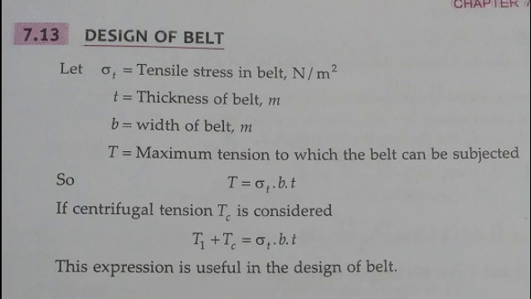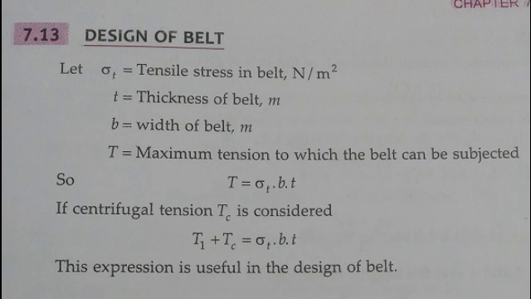So T, the maximum tension in the belt drive, will be equal to sigma T into b into t. Sigma T is the tensile stress and b into t is the cross section. So if you multiply stress with cross section, you get the maximum tension on the belt drive.